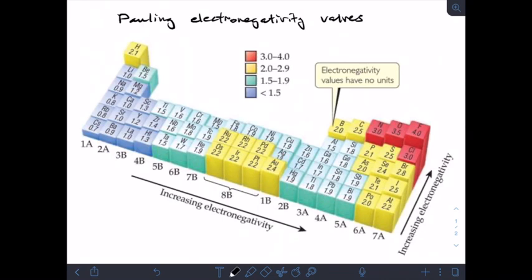And what we find is that fluorine is the most electronegative element on the periodic table. Okay, and remember that electronegativity is the ability to pull electrons in.